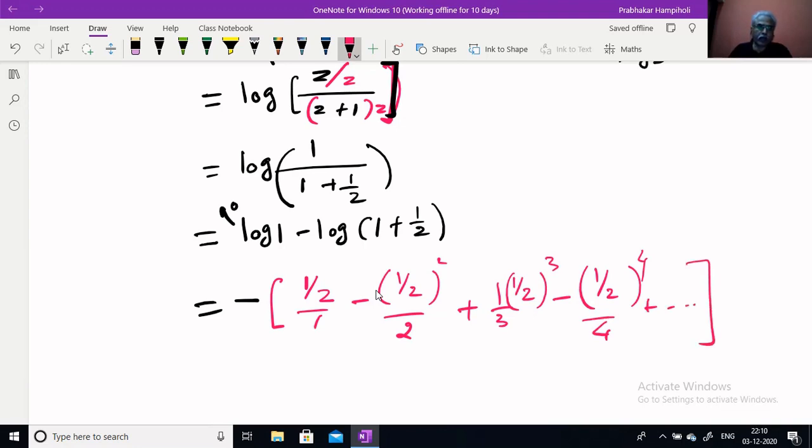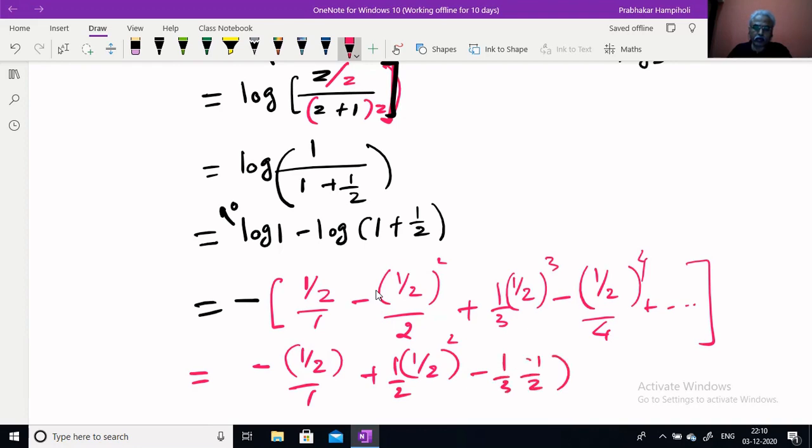Now if I take the minus sign inside, minus 1 upon z plus 1 upon z whole square upon 2 minus 1 by 3 times 1 by z whole cube plus and so on.